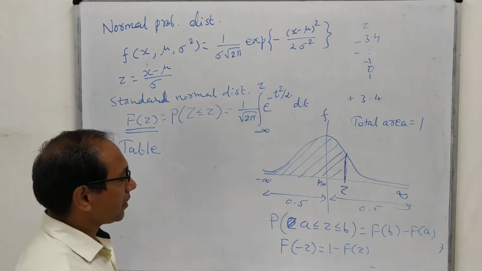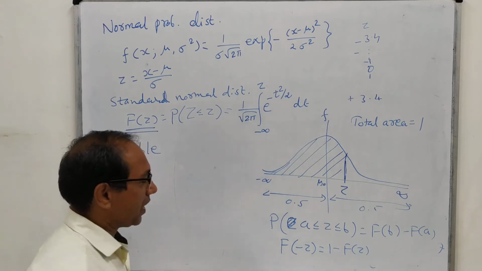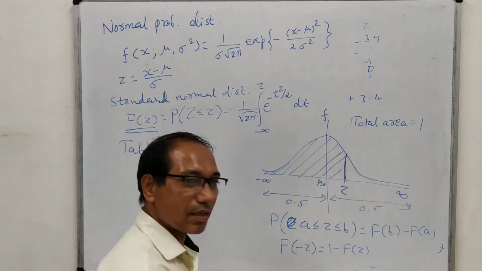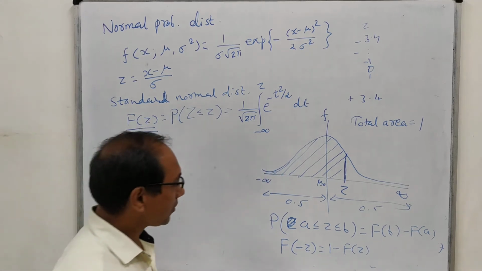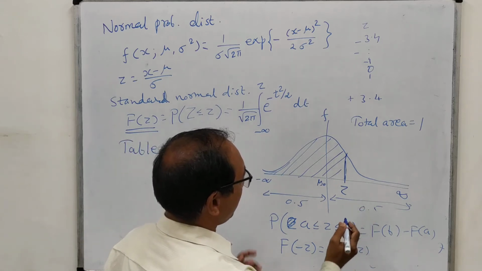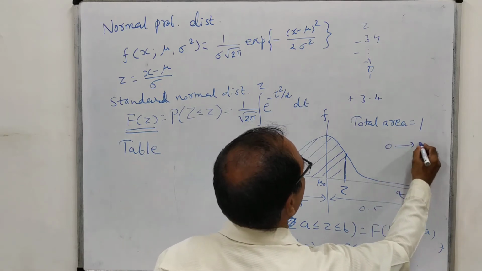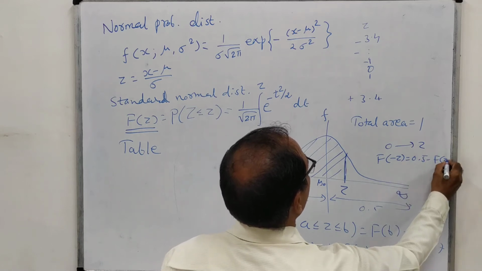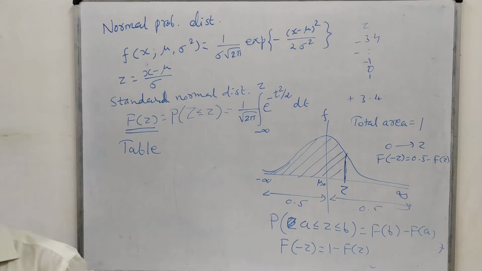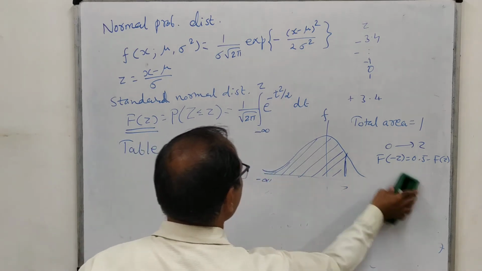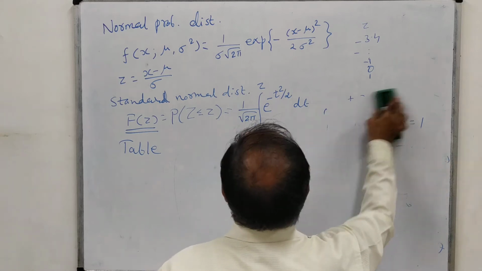In this case the negative values we can obtain using the formula f of minus z equal to 1 minus f of z, because for positive z we already know it. But when the table is given from 0 to z, then f of minus z we will have to consider as 0.5 minus f of z, because this table is constructed based on half of the area, and we are considering the full area. This will be clear to you from the examples.